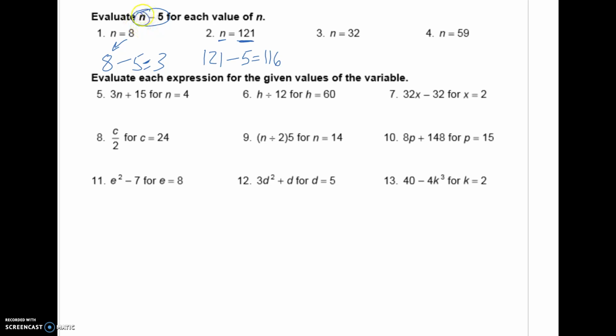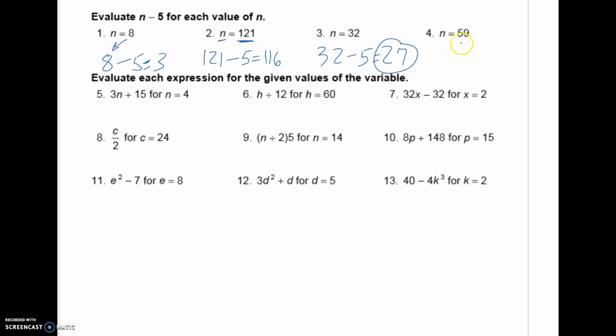You put the number up here for n, all right? Number 3, n equals 32. So you rewrite the algebraic expression, 32 minus 5 equals 27.